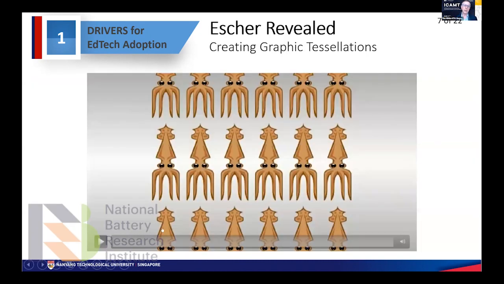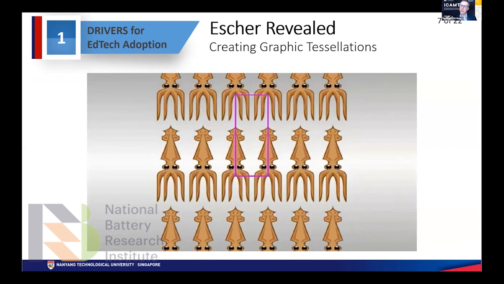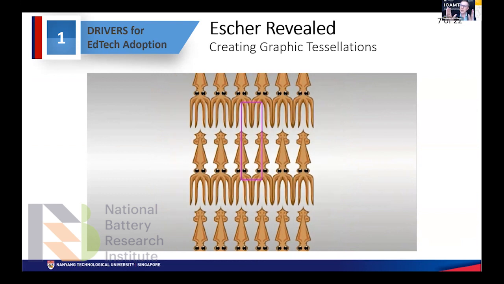And we can create videos like the one that is shown here, where you can introduce on an Escher-style drawing the idea of the repeating unit or the unit cell, which is shown here outlined in purple.